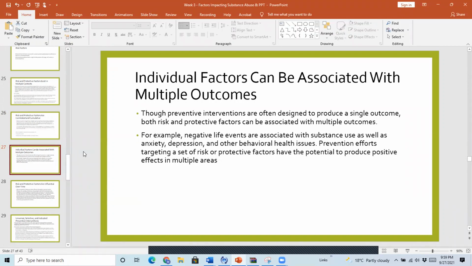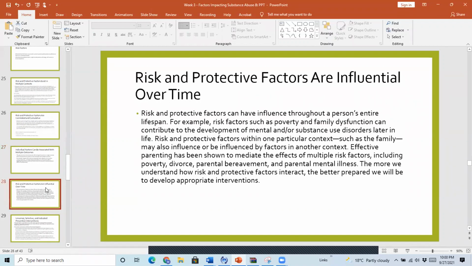Something happens in a person's life and it dramatically affects their likelihood to develop addictive disorders, right? As are prevention efforts. So just as a negative event in somebody's life can lead to a certain behavior, positive events can also lead to positive effects as far as addictive behaviors.